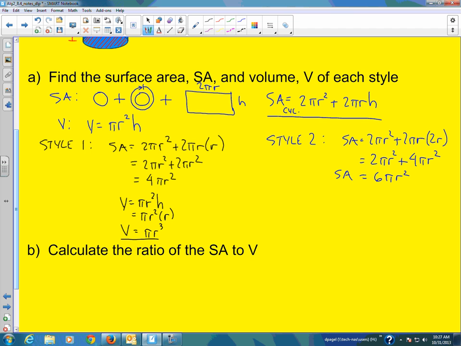And the volume is going to become pi r squared h, but our h is now 2r, so our volume becomes 2 pi r cubed.